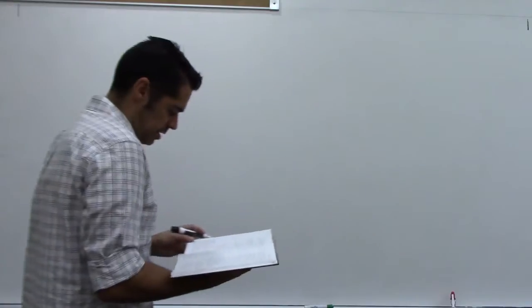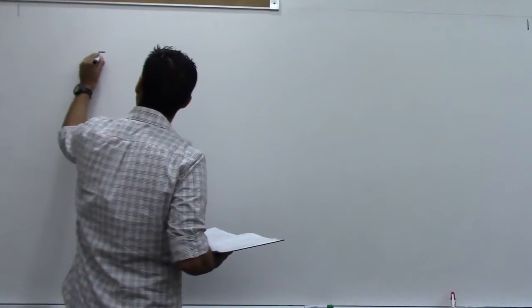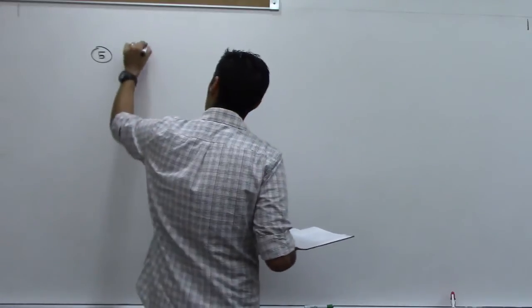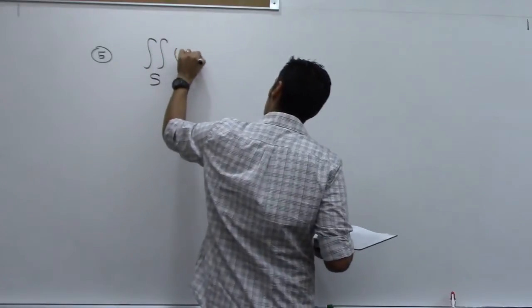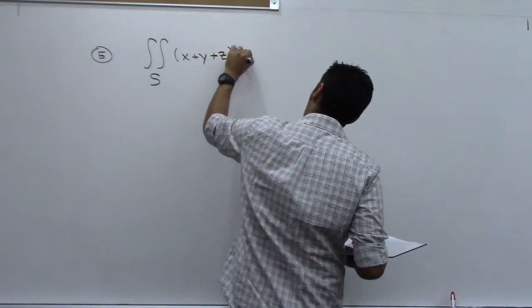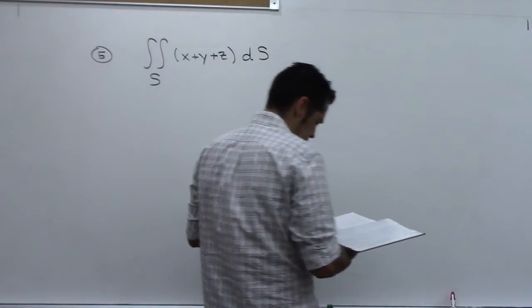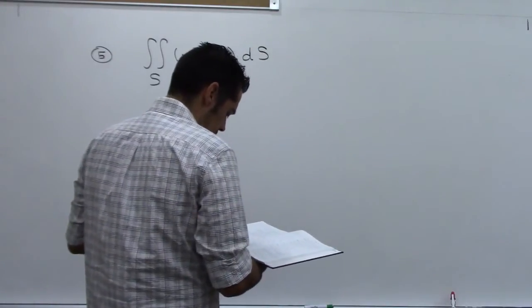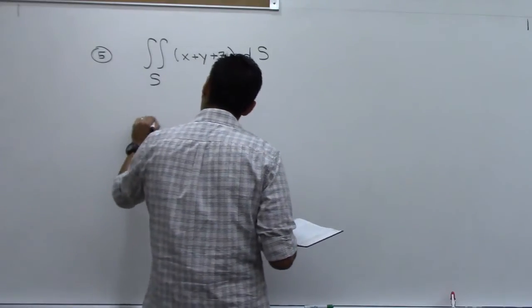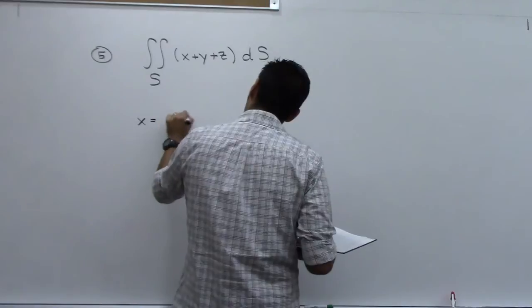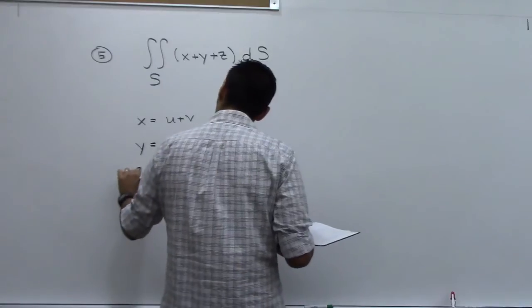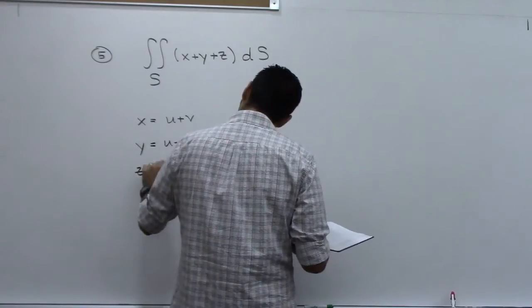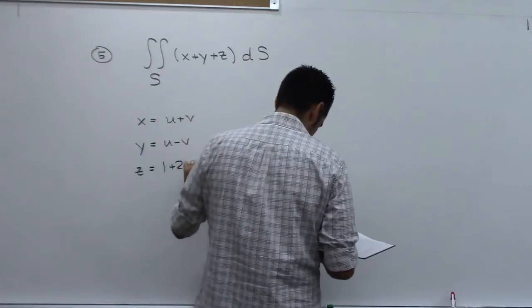Okay, I'm working 13.7, which is surface integrals, and going to be starting with number 5. So we're asked to find the surface integral over the surface S of x plus y plus z with respect to surface area, where S is the parallelogram with the parametric equations x equals u plus v, y equals u minus v, and z equals 1 plus 2u plus v.